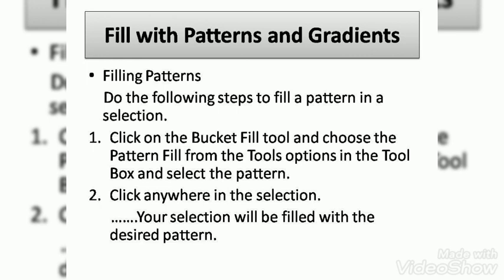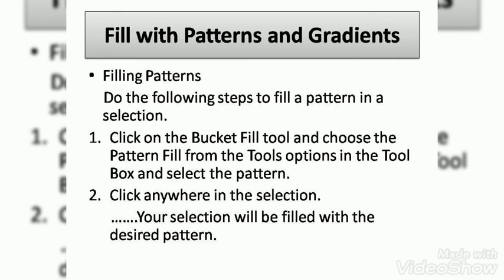You can select any color and it will be filled in the rectangle. Similarly, for all the rectangles, repeat the steps: click on the rectangle area, click on bucket fill, and select a different color. Then you will see different color rectangles. You can make this with the help of the bucket fill tool.